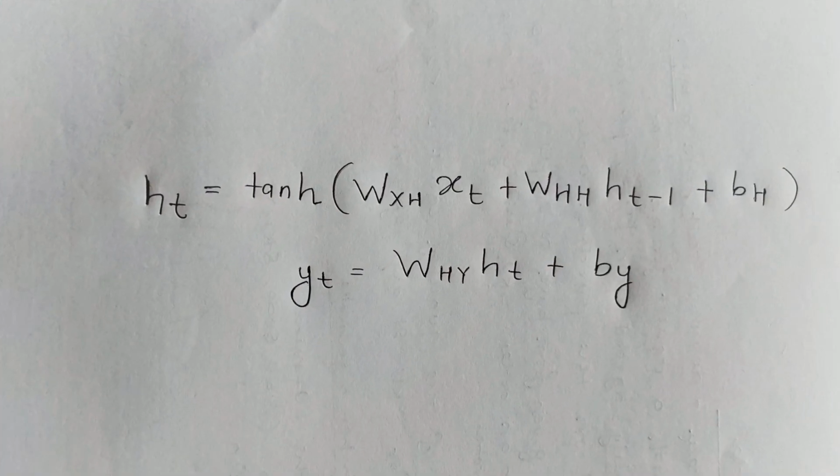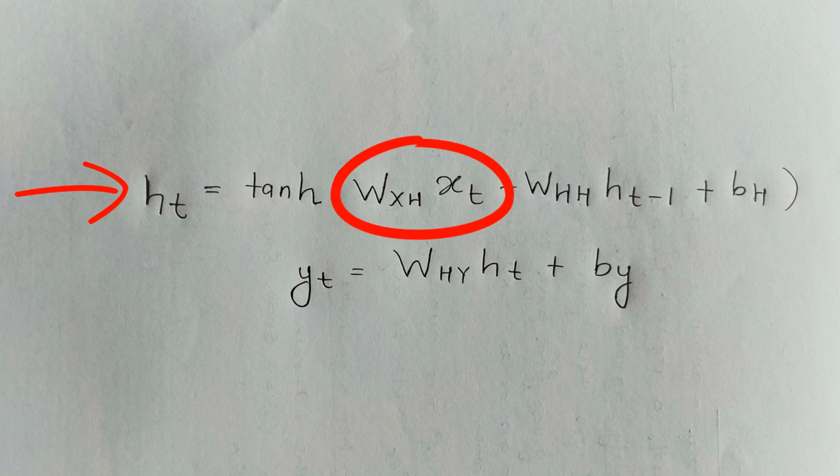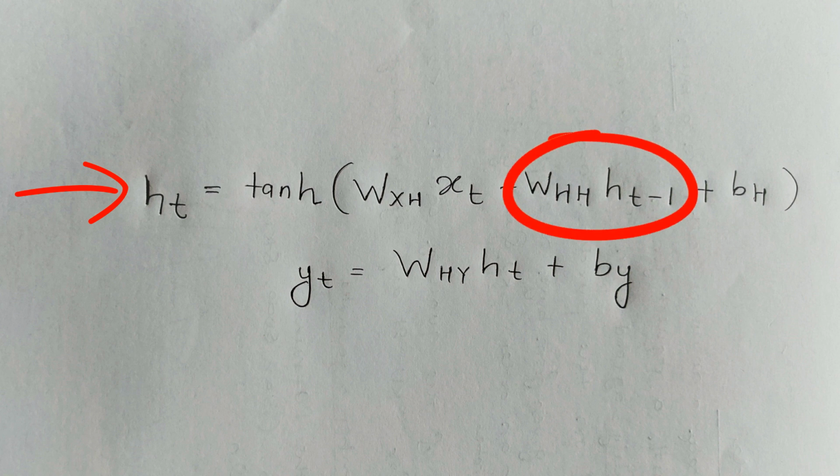So the basic RNN block can be described using two equations. The first equation calculates the hidden state at time t. The hidden state at the current time is equal to tanh, the activation function, and the input to the activation function is the sum of a multiplication of Wxh with x of t, that is the current input at time t, plus Whh, the hidden state matrix, times h of t minus 1, the hidden state recorded in the previous timestamp.